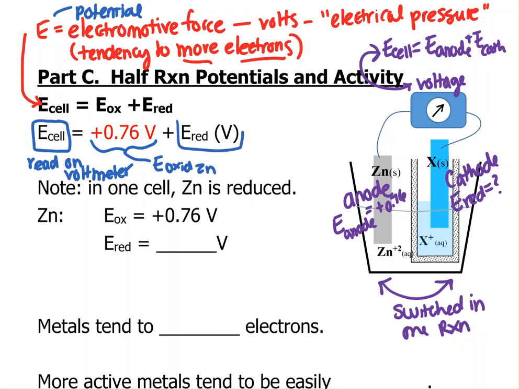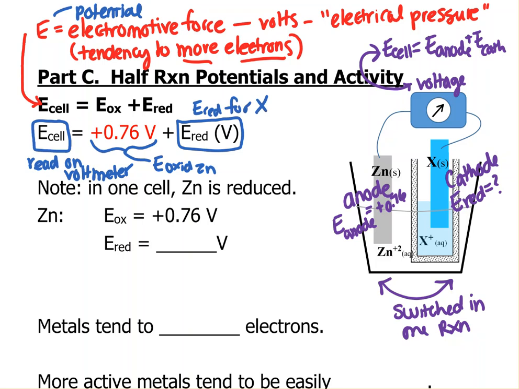And then this one is what you're going to be determining. This is going to be the potential, and most of the time it'll be a reduction potential, except for the one that it's switched, for the other metal.